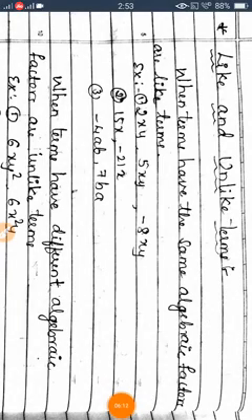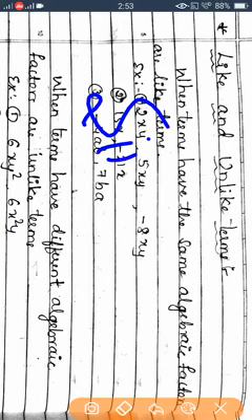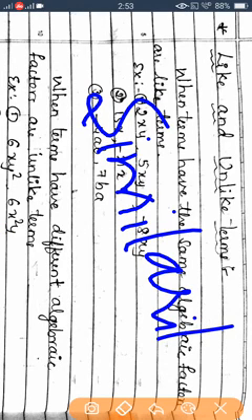Now go to the next topic, like and unlike terms. We say like and unlike when there are similarities. Which kind of similarities?